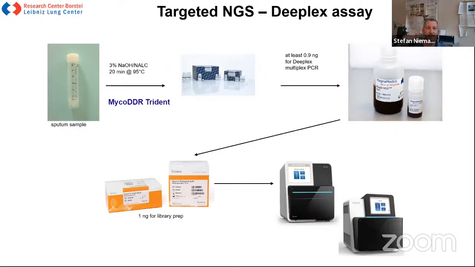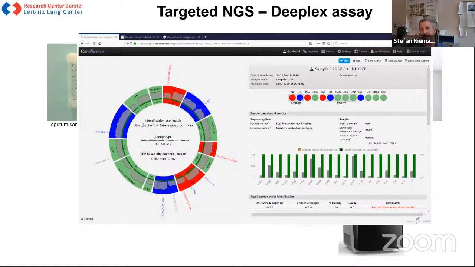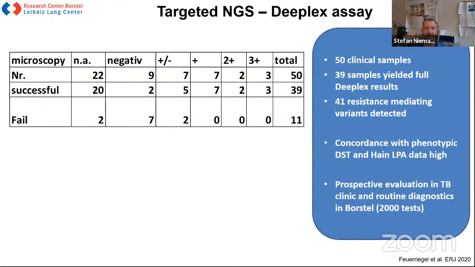So from the sputum, we basically did a decontamination, cleanup, and then a workflow for the library prep and the sequencing. So that is the automated data analysis in the cloud that comes with a quite nice layout and interpretation catalog. And when we did it, we looked into 50 clinical samples, and 39 of those yielded an interpretable duplex result.